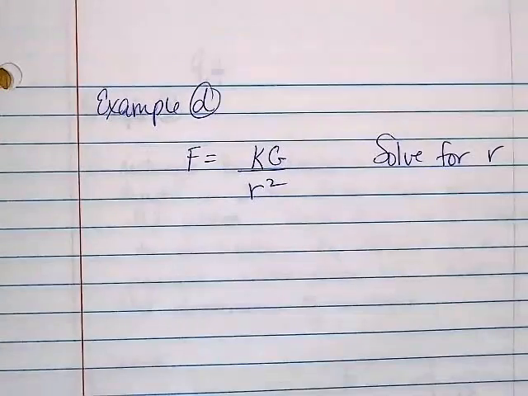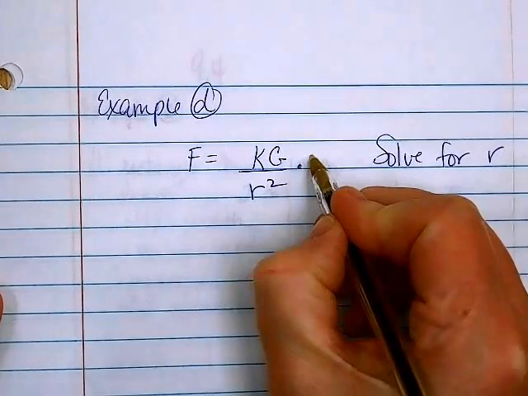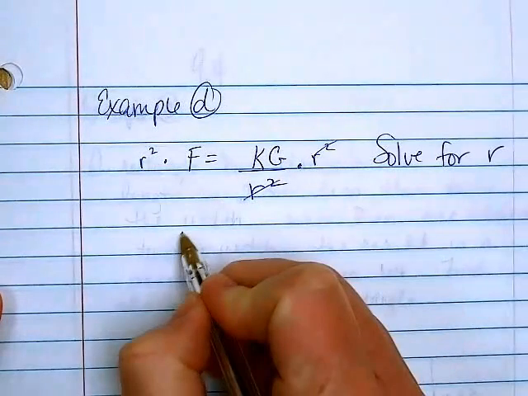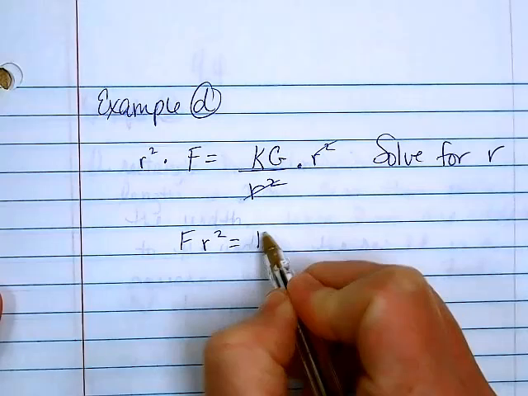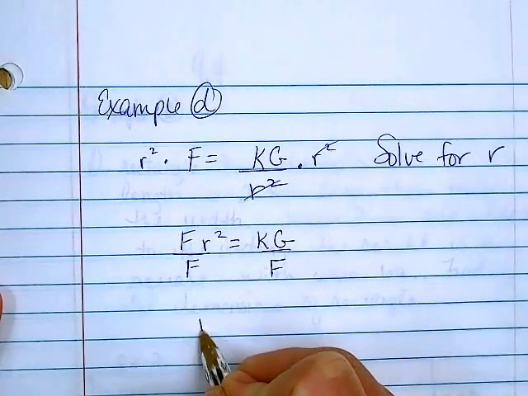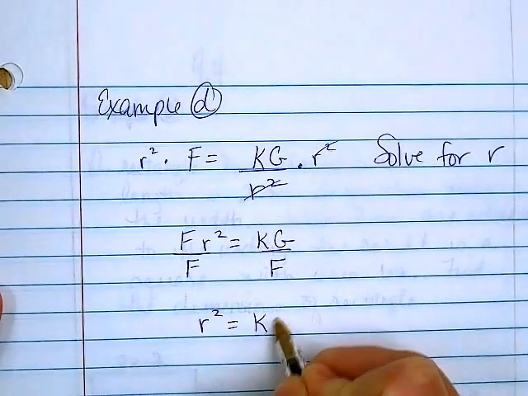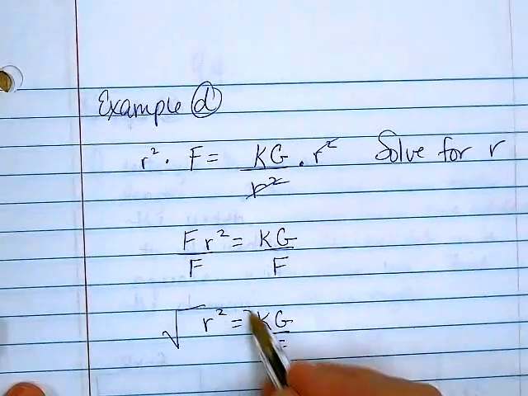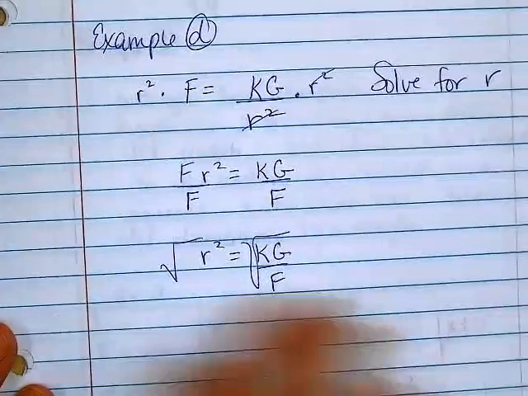Next, F equals kg over r squared. I want us to solve for r, so first we have to remove it from the denominator, so we're going to multiply both sides by r squared. So F r squared equals kg, divide by F. R squared equals kg over F. And the next thing I need to do is take the square root. Now I don't have a picture.